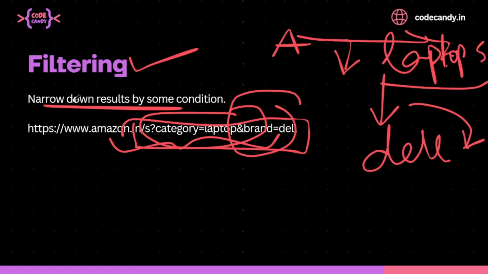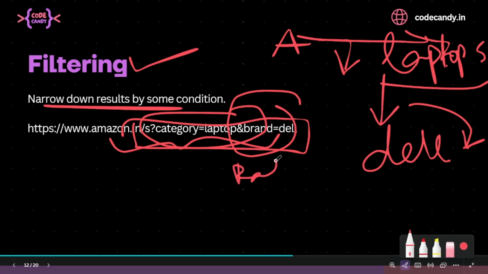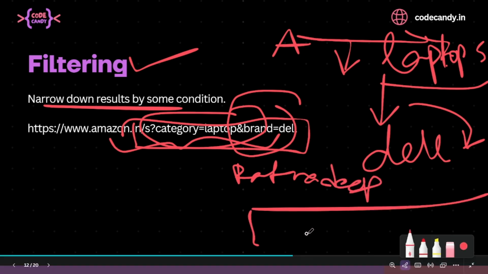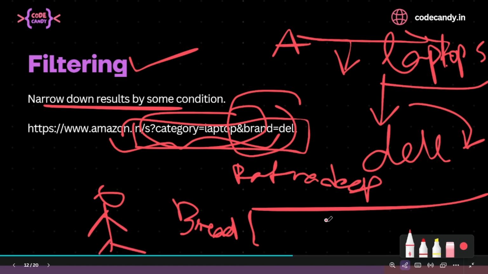Suppose in a huge supermarket without filters, you will see everything in the store. So by filtering, you will find the stuff. Suppose I am going to Ratnadeep and I want a bread packet. If I ask the service person in Ratnadeep where the bread is located, he will say in the third row on the first rack, you will see different types of bread.